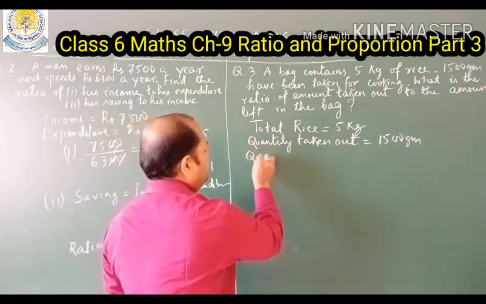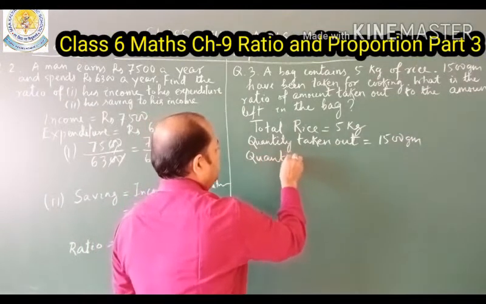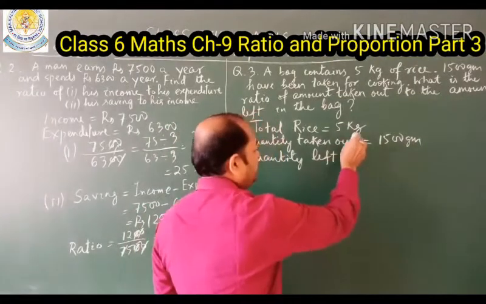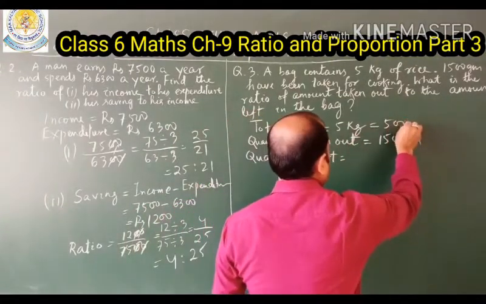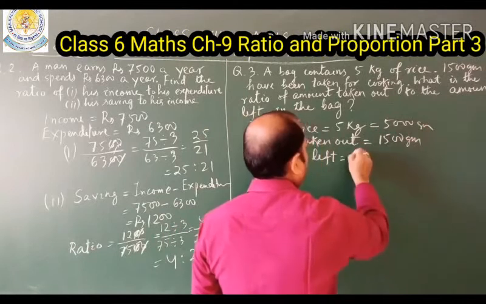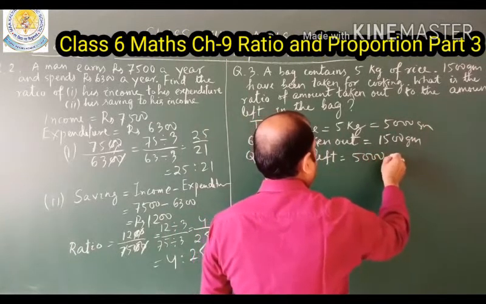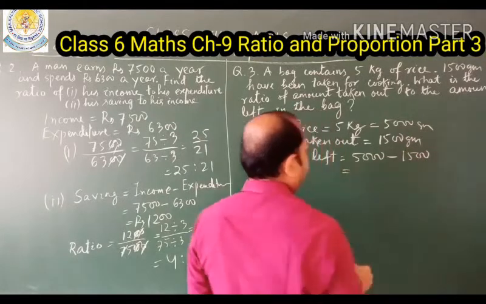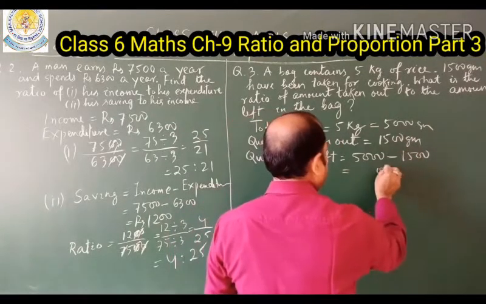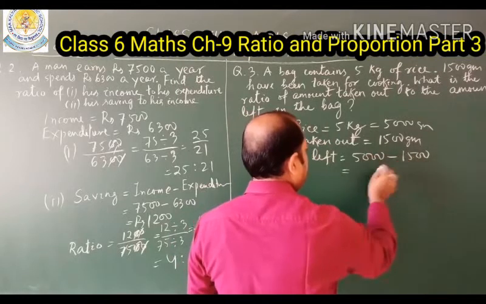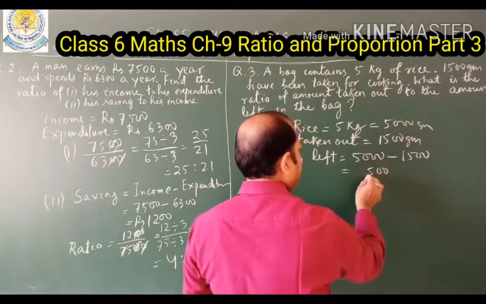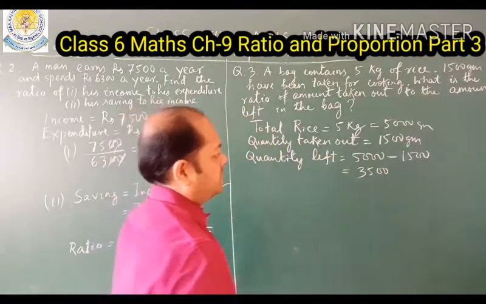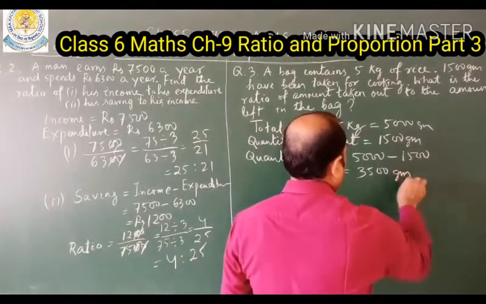Quantity left equals, so 5 kg is equal to how much? That is 5000 gram. So 5000 gram minus 1500 gram. So how much is left? 0 0, both cases 0, and here 10 minus 5 is 5, 4 minus 1 is 3. So 3500 gram left.